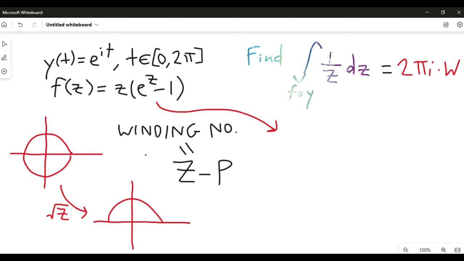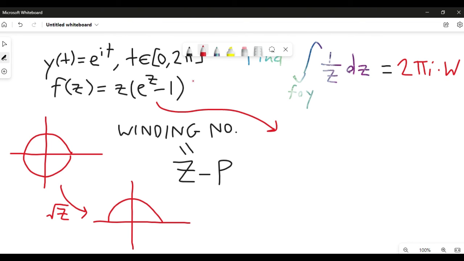So in the case of this curve, you want to look at the interior of this curve, and look at how many zeros f has minus how many poles. Whatever that is will give you the winding number of, in this case, f composed with gamma. And so that's what we're going to use.